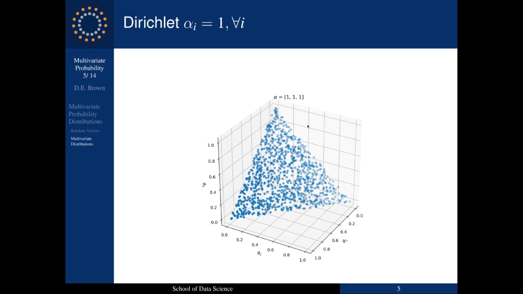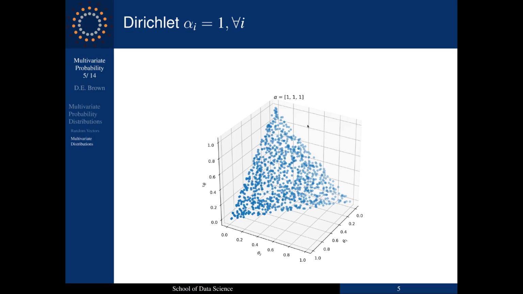So in this case, it's very much like what we saw with the beta distribution. This is a flat or uniform distribution over the simplex. So any one of these points is equally likely to occur, is what it amounts to. And that means that over this surface, we get a representation that's fairly flat over that space.